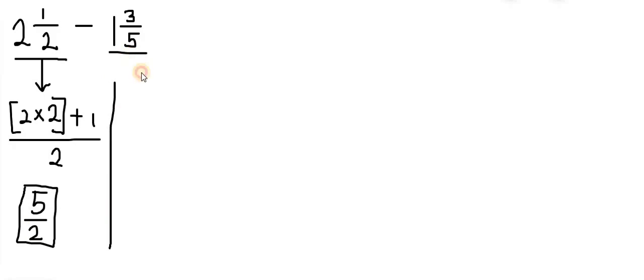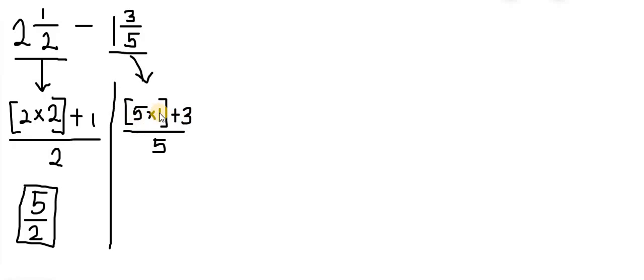for 1 3 over 5, bottom number remains the same, that's just 5. The top number for the conversion, we take bottom number, we multiply by the whole number 1, so that's 5 times 1. Box that up, and then we add the top number of the proper fraction, 3.